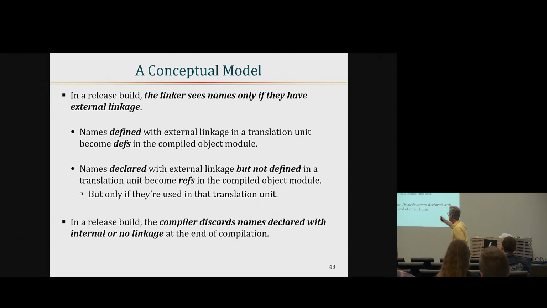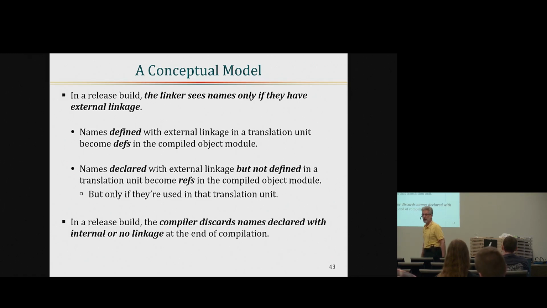So names defined with external linkage in a translation unit become defs, definitions in the compiled object file. Names declared with external linkage but not defined become refs. Essentially, a def in an object file says, I've got an externally defined name and I'm making it available for other people to refer to it. A ref says, my translation unit needs this thing.